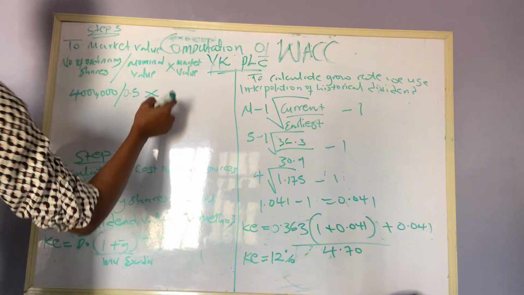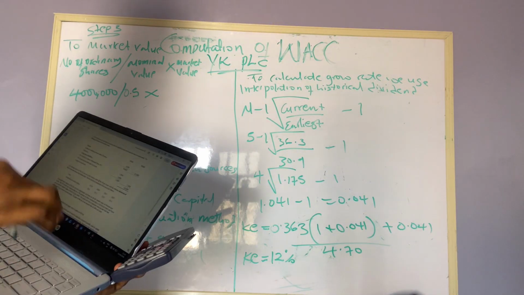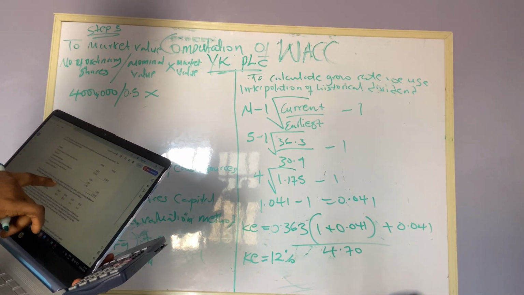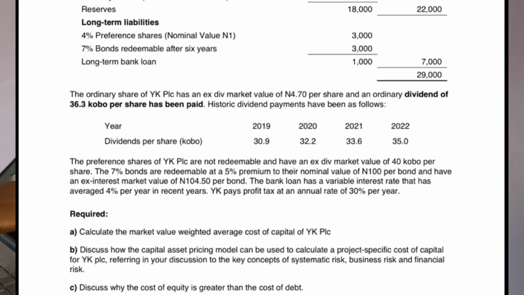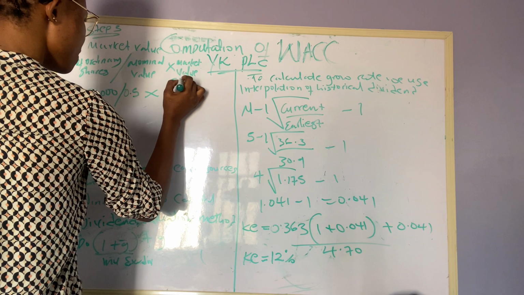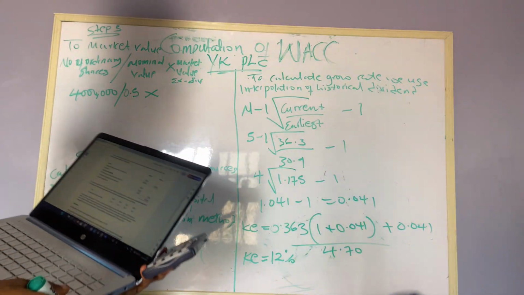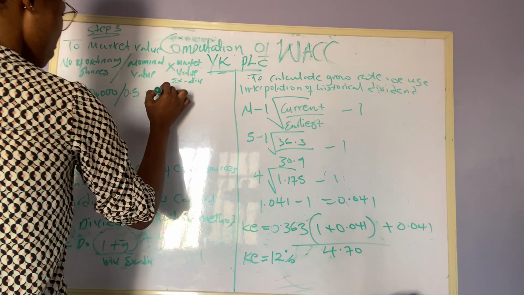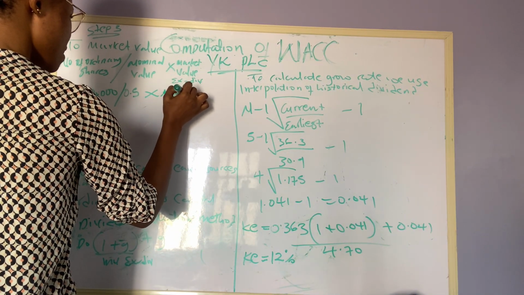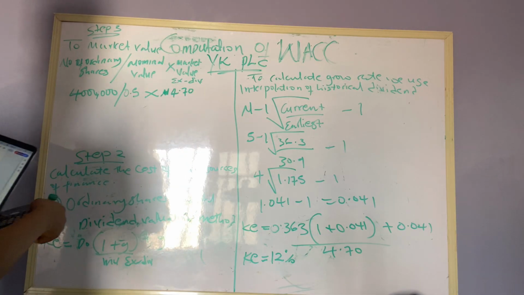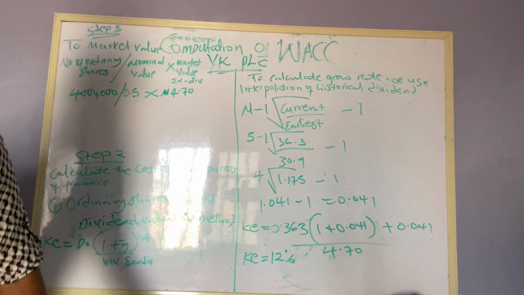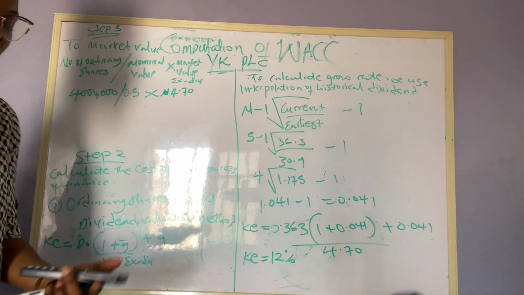Then times the market value. The ordinary share of YK PLC has an ex-div market value of 4.70 naira. You understand? Now let's calculate so that we know our total market value for cost of equity.